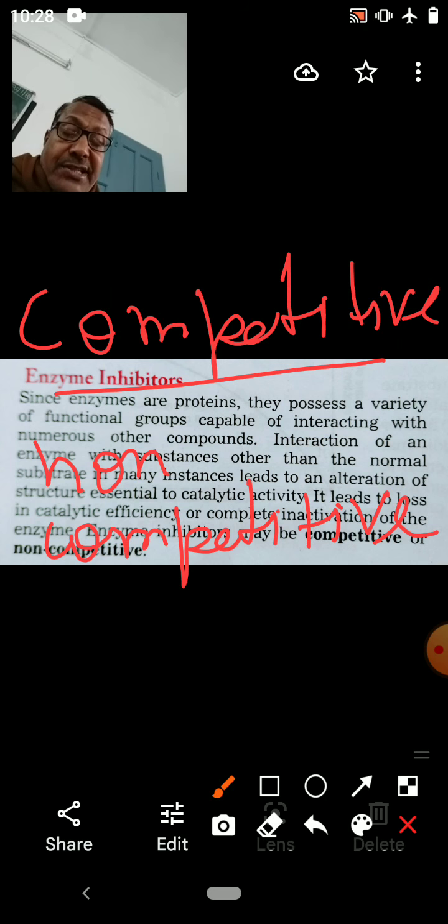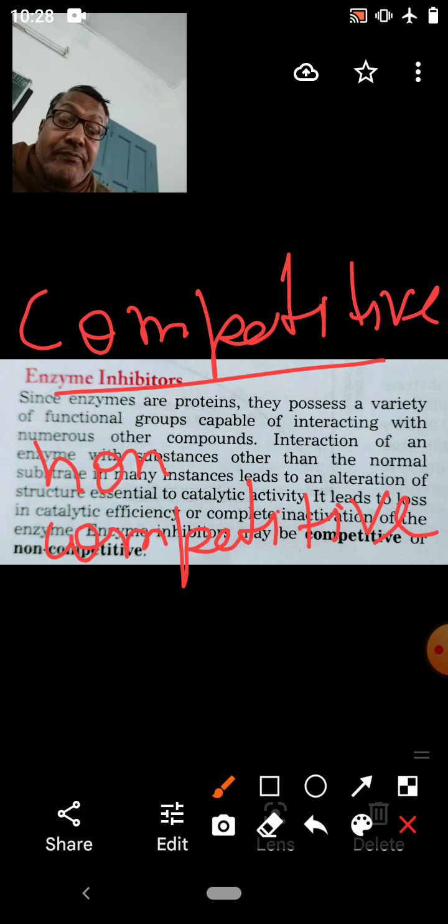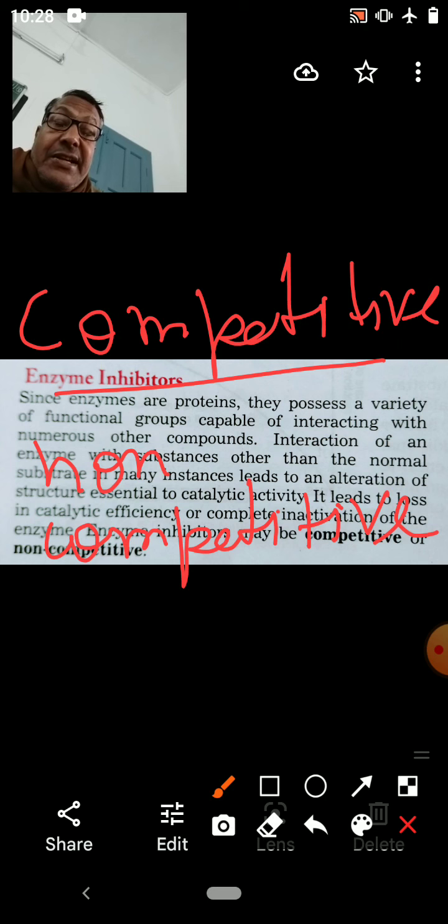So when malonic acid is present, malonic acid combines with the succinic dehydrogenase enzyme and forms an enzyme inhibitor complex, and it is irreversible. Therefore, now the substrate molecule, succinic acid, cannot combine with succinic dehydrogenase, and therefore this enzyme cannot catalyze the reaction.